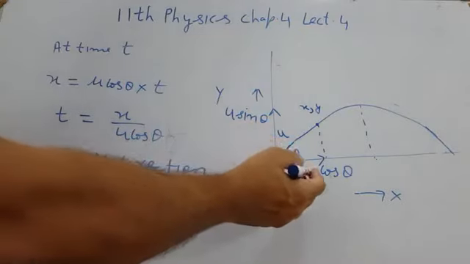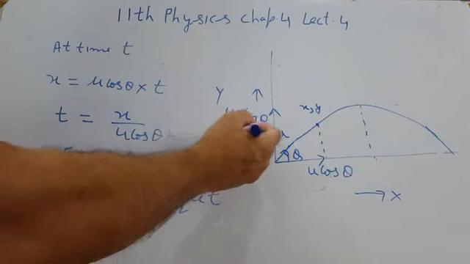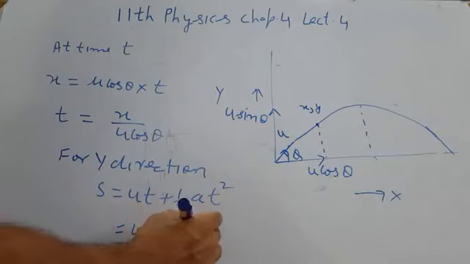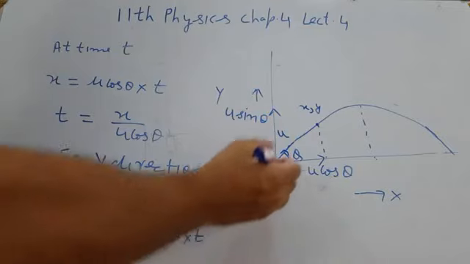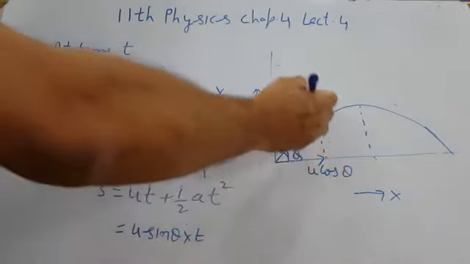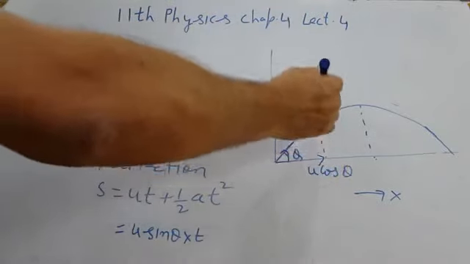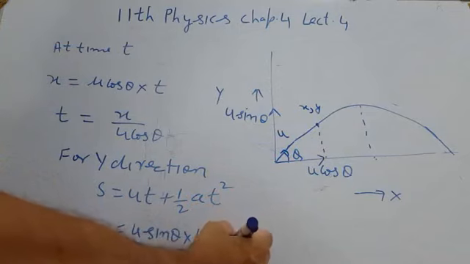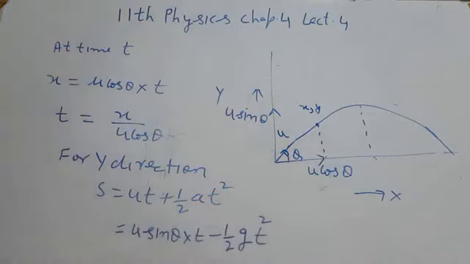What is u? Initial velocity along y-axis was u sin theta. So it is u sin theta into t. It is moving in upward direction, g is acting in downward direction, so that sign will become negative. So minus half gt square. So u sin theta into t minus half gt square.